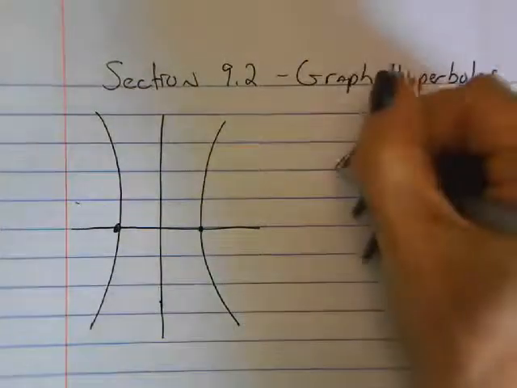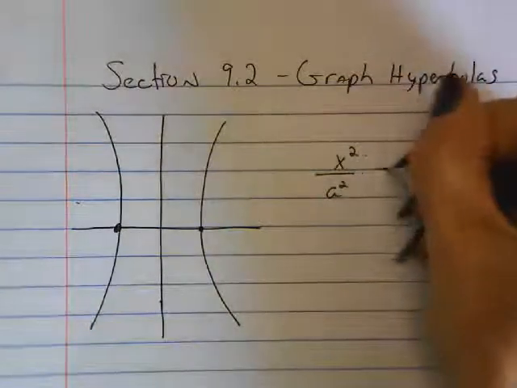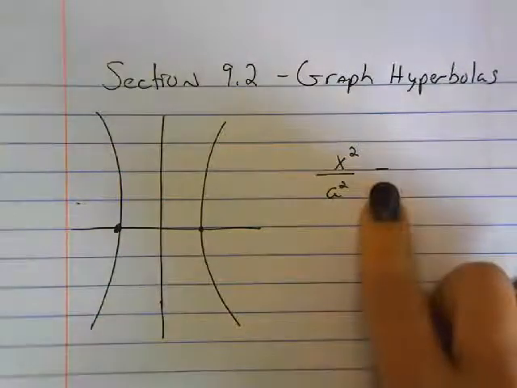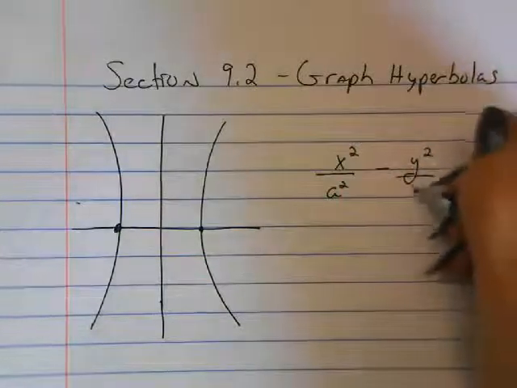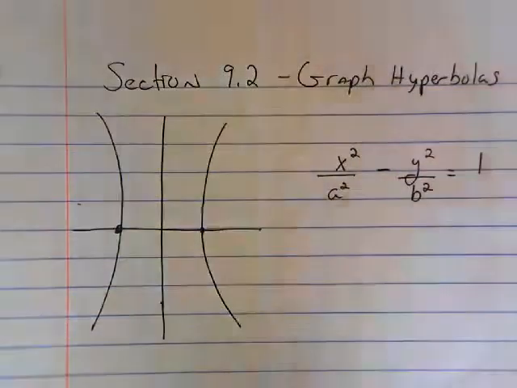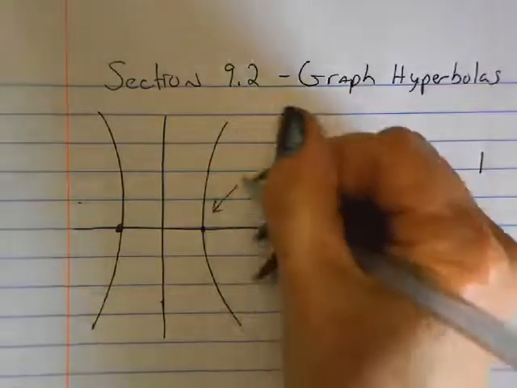So this is going to be x squared over a squared minus. A couple things are different than the ellipse. First of all, instead of a plus, there's going to be a minus in between them. These are called your vertex.